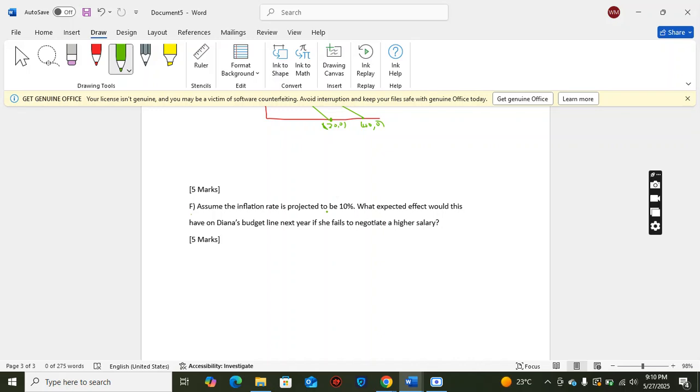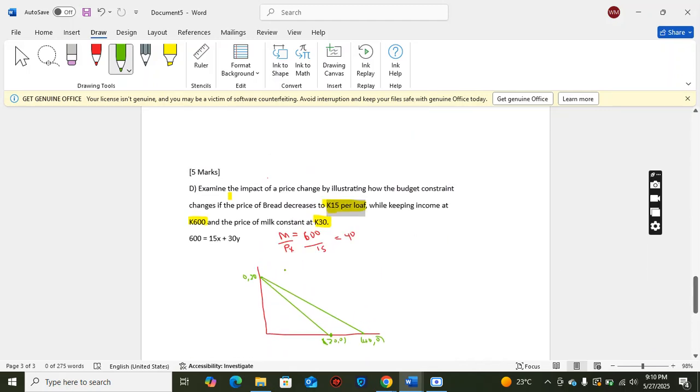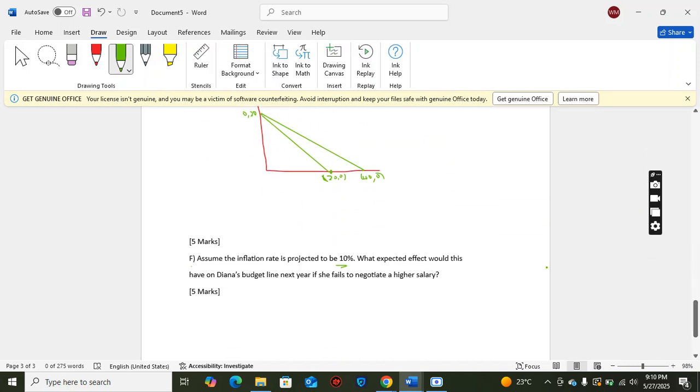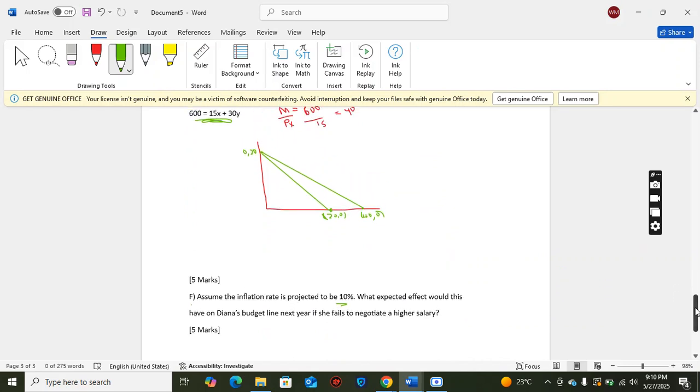So here, if the inflation rate is expected to be 10%, we expect the prices to rise. I'm assuming we are continuing from the part where the budget constraint was 600 equals 15x plus 30y. When the inflation rate is 10%, the price of good X and good Y will increase by 10%.